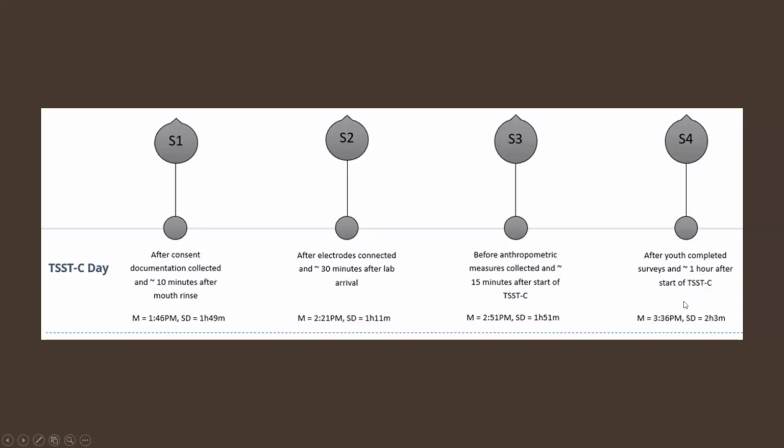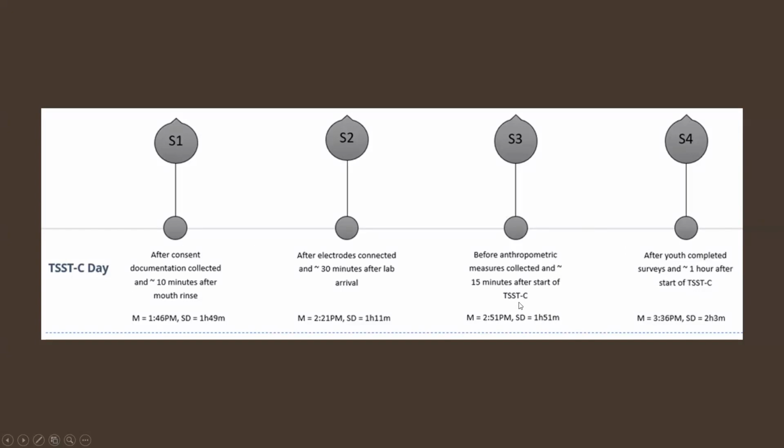And then typically, if there are surveys or questions that you want them to ask after you do whatever the task is, or whatever the variable introduced is, have them complete some questionnaires. And then approximately an hour after the start of whatever your task is, in this case the TSST, you want to get that final one.